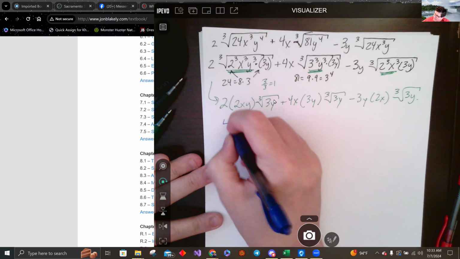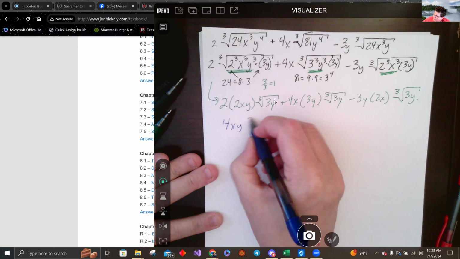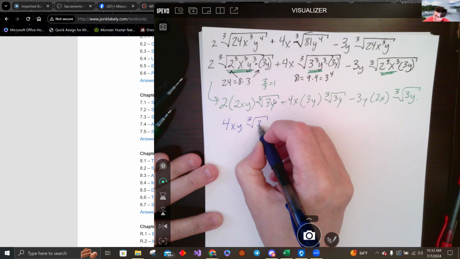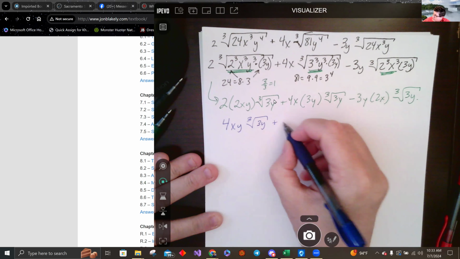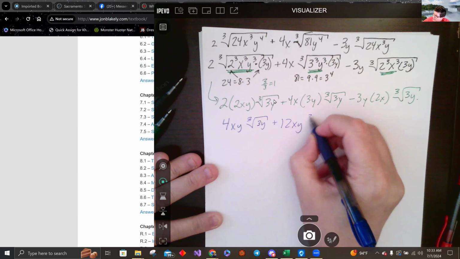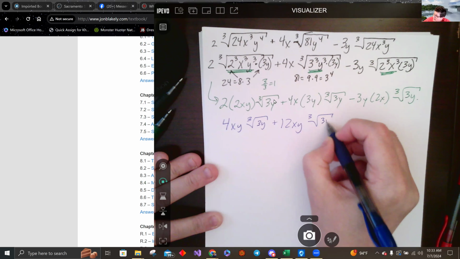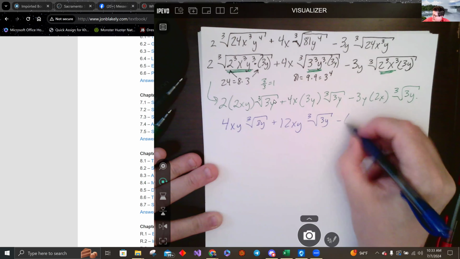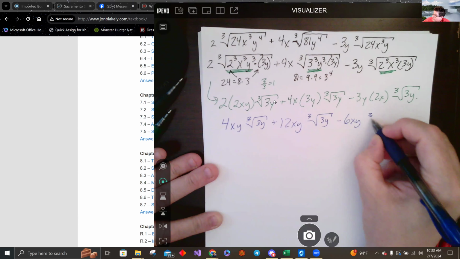We distribute that. We've got 4xy cube root of 3y plus 12xy cube root of 3y minus 6xy cube root of 3y.